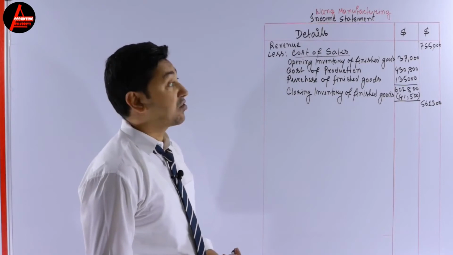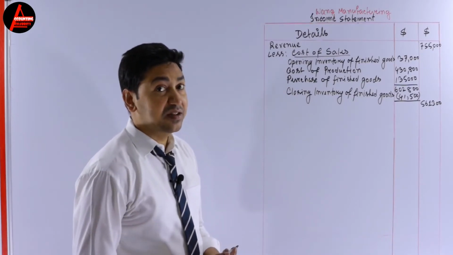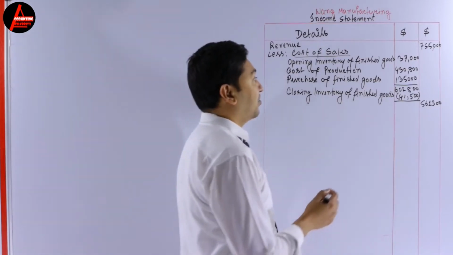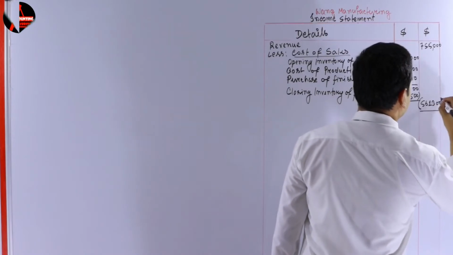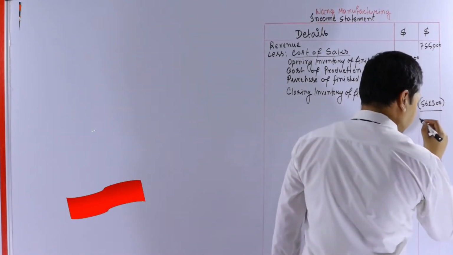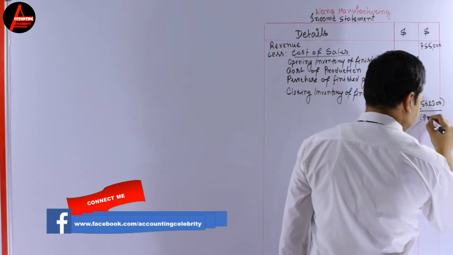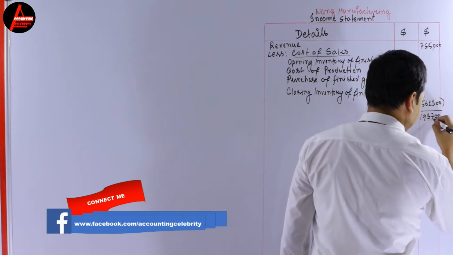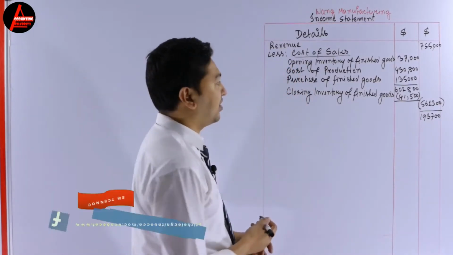So if we subtract cost of sales from the revenue, what we'll get? It is called gross profit, yeah? So subtract this cost of sales from here, then our answer will be $193,700, okay? This is gross profit.